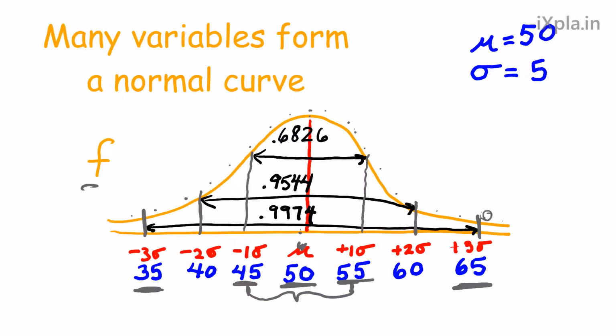Now, where the cut line is between a rare score and a common score, we'll talk about that in a future activity. We're going to give you a cut line. We're going to give you a specific definition for what constitutes a rare score. But right now, you should just have an understanding of the normal curve having a very specific shape. And when I say very specific, it follows all of these characteristics that I've lined out.